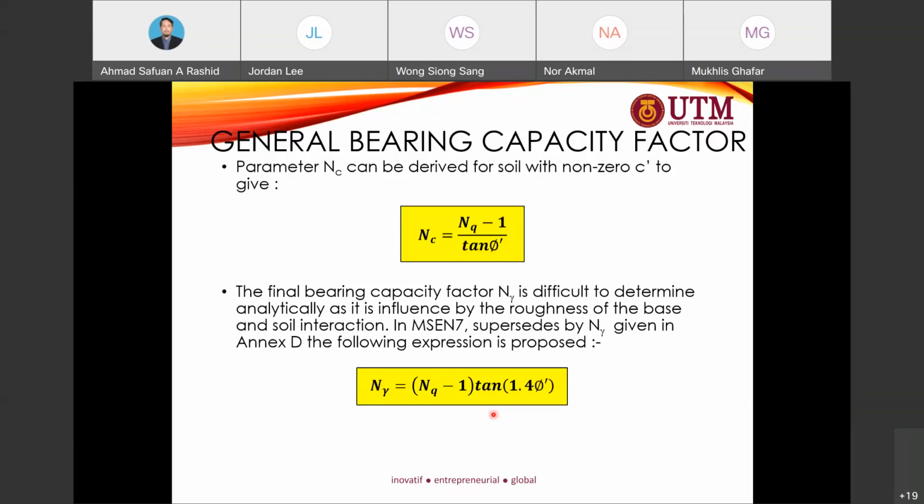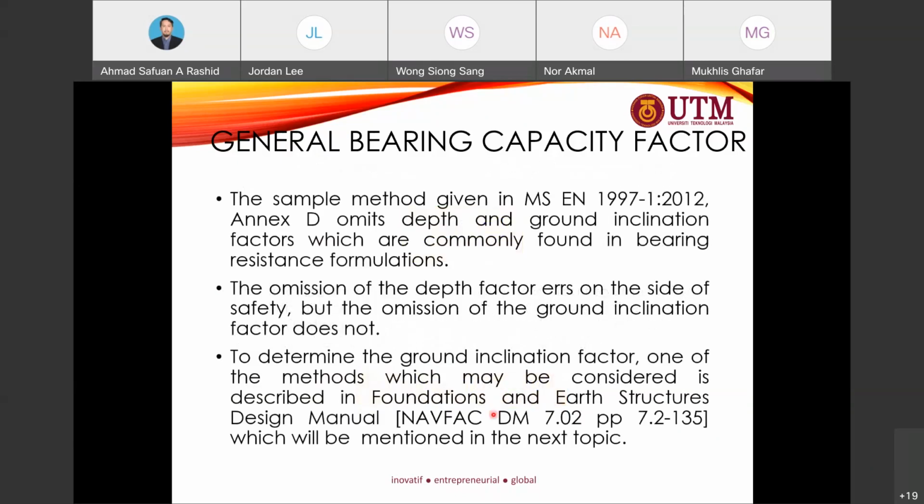This is the N gamma equation for the new MS under the MS EN 7. The simple method given in MS EN 1997 NXD omits depth and ground inclination factors, which are commonly found in the bearing resistance formulation. So no depth and also no inclination.